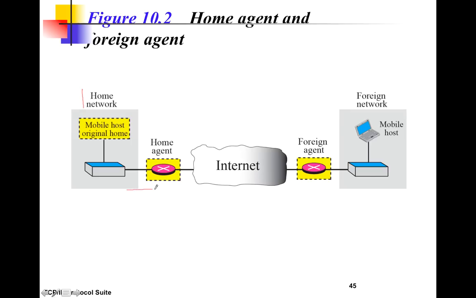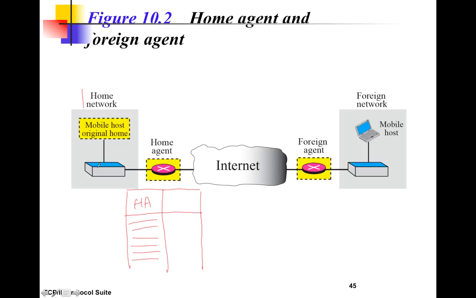Now, the home agent will contain a database. Okay? The home agent contains a database. This database will contain the home address for all the mobiles or devices in its home network. Okay?